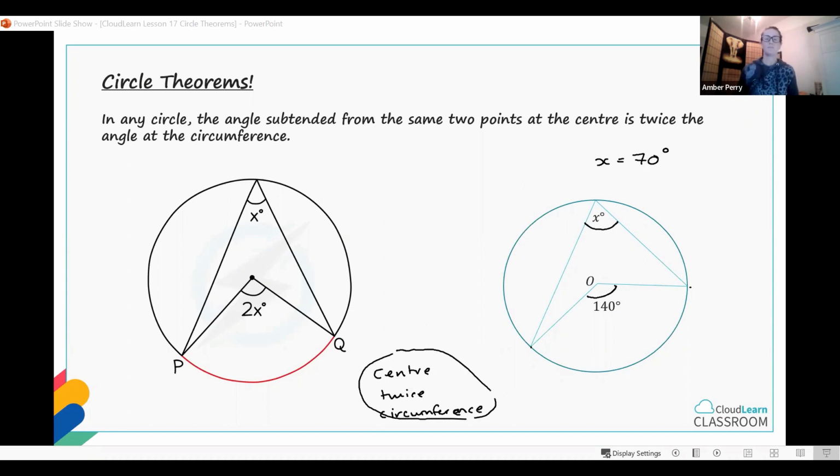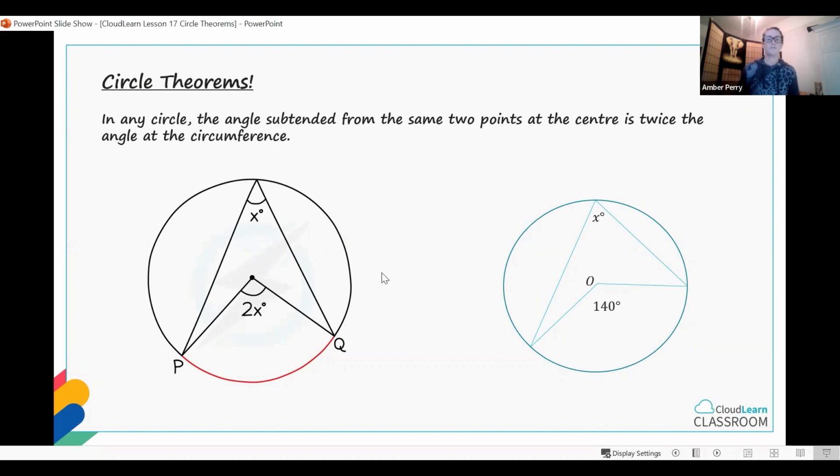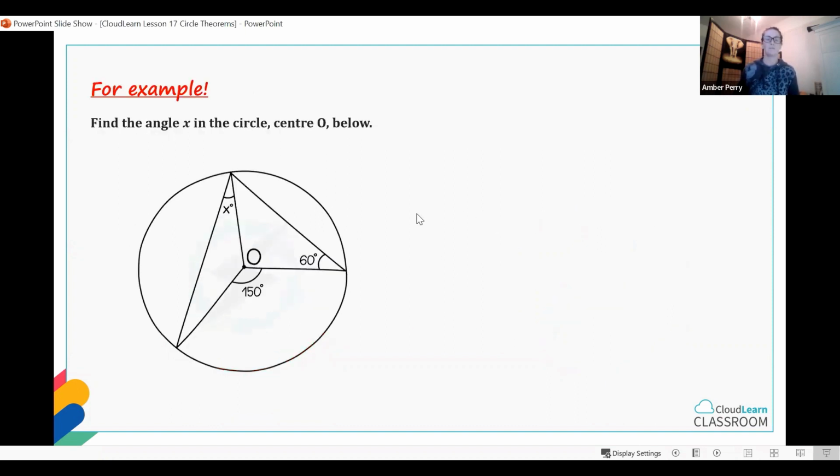Please do just pop in the chat and ask any questions as we go through today. My plan is to give you the circle theorems and then do some past exam style questions with those circle theorems as we go. So here, for example, is an exam style question which uses that circle theorem, but it also uses something that's really important in circle theorems.